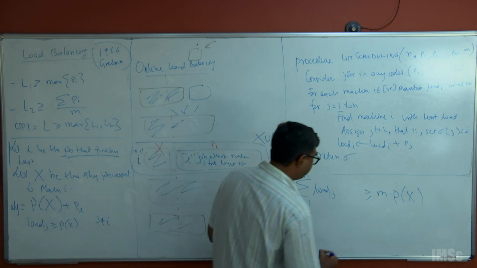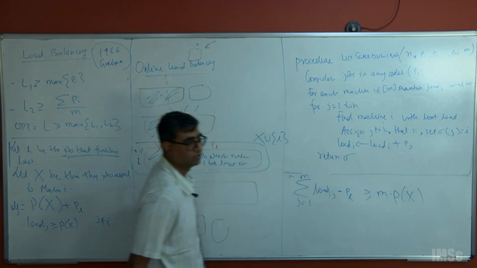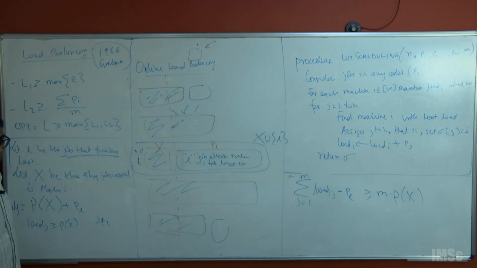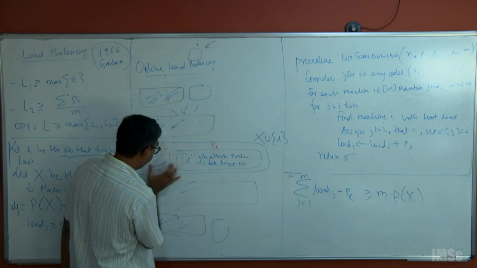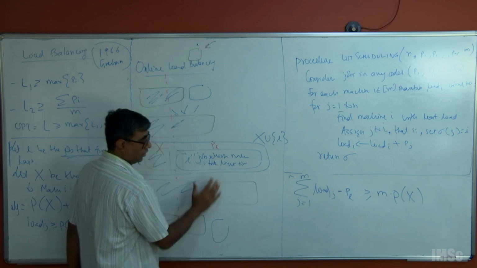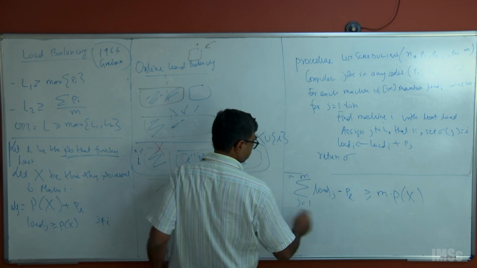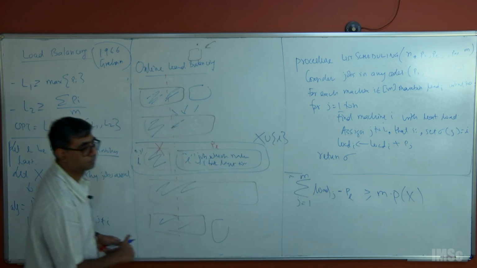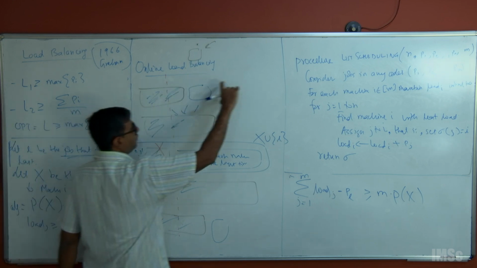So in fact, I can write here minus pl and still this inequality holds. Look at this. Its load is p of x plus this. So I am only talking about p of x. So from this machine, I can say pl. Is that fine?